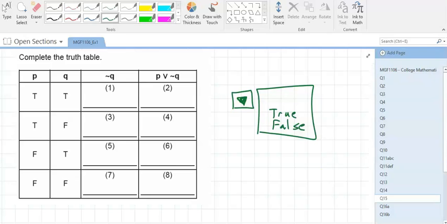And you pick which one it is. So if we're looking at what's going on, the first column is all about negating Q. So here's Q. Let's negate it. What do I get in my column? False.